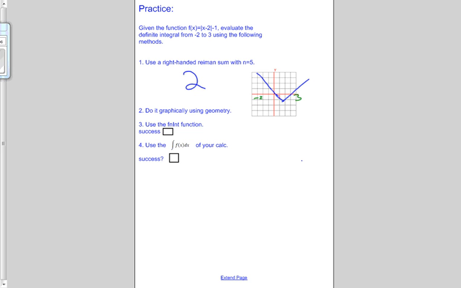Now let's do it graphically using geometry. I've drawn it up here, but I'd like to redraw it, making sure that I go through the right points. So it's an absolute value that's shifted over 2 and down 1. It's going to go through 3, and it's going to go through 1.